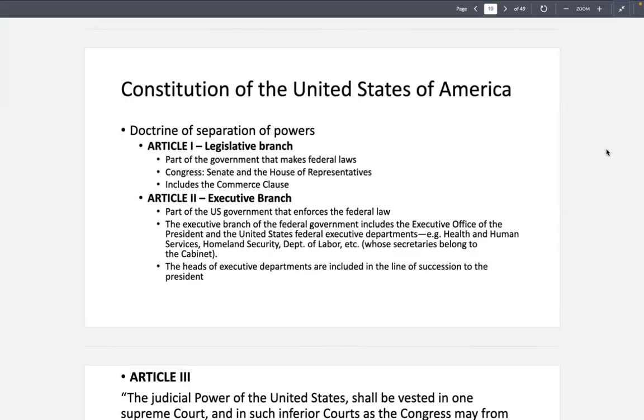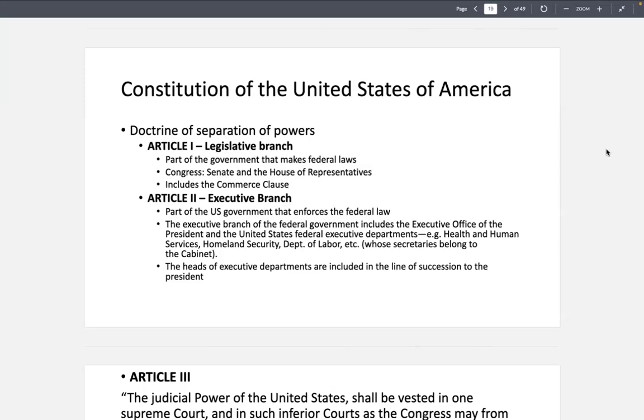Remember, the Constitution of the United States was originally passed as a 7-article document. So Article 7 is not something that you need to know for any other reasons but for historical purposes. Article 7 just had to do with ratifying the original Constitution in order to make it effective to begin with.